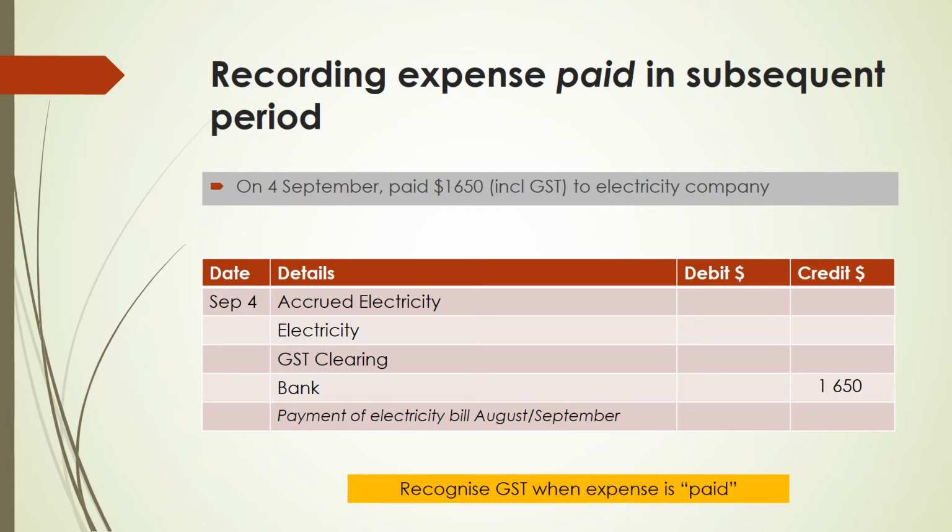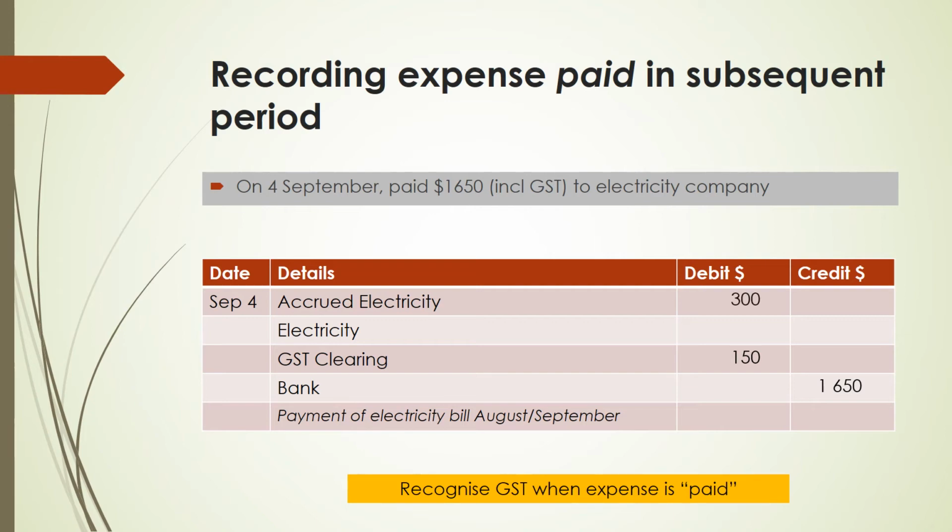We are also recognizing the GST paid on the expense of $150 that is debited to the GST clearing account. With the remainder of the balance, we need to decide how much we are allocating between the accrued electricity and electricity expense for this period.